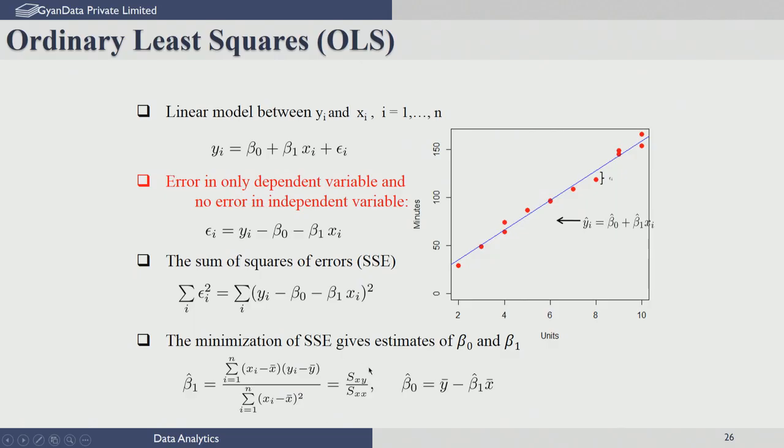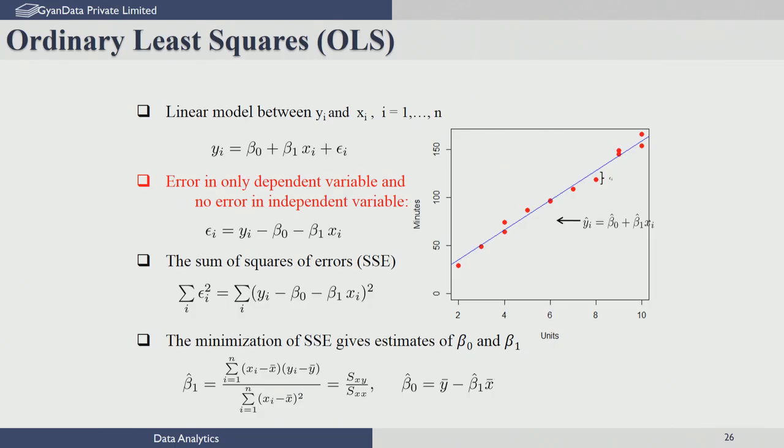If the Pearson's correlation coefficient was close to 1 or minus 1, you could interpret that there may exist a linear relationship. Similarly, beta 1 hat depends on the cross covariance between x and y, and beta naught, the intercept, turns out to be the mean of y minus the estimated slope beta 1 multiplied by the mean of x. This is your intercept parameter.